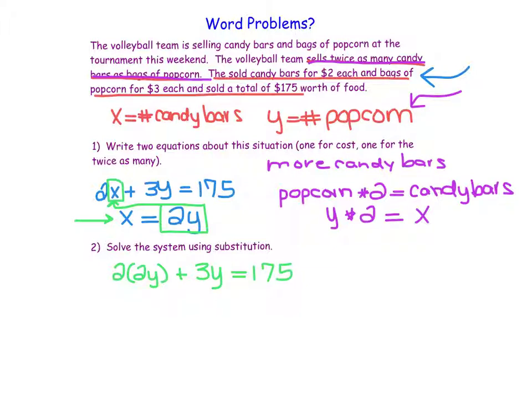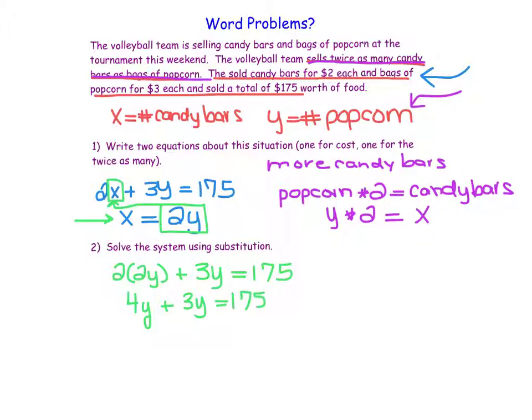So now I have an equation with one variable, so I can actually work through and solve this. Now notice that this parenthesis doesn't have a plus sign or a minus sign in it, so this is just really 2 times 2, which is 4 times y, plus the 3y.